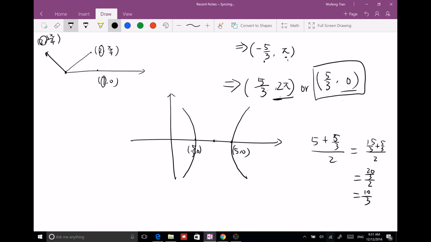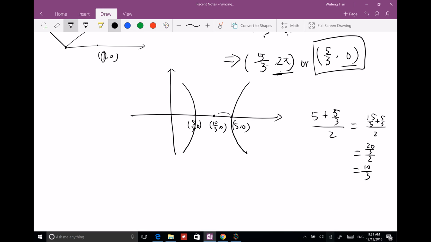You can do a lot of things here. The center is 10 over 3, 0. You can find out the A, you can find out C. You can find this one is 5 over 3.